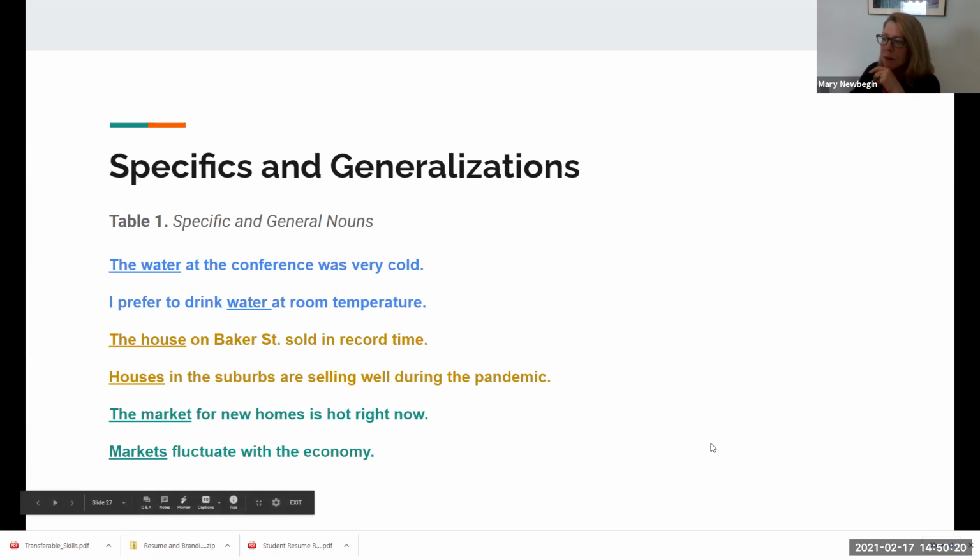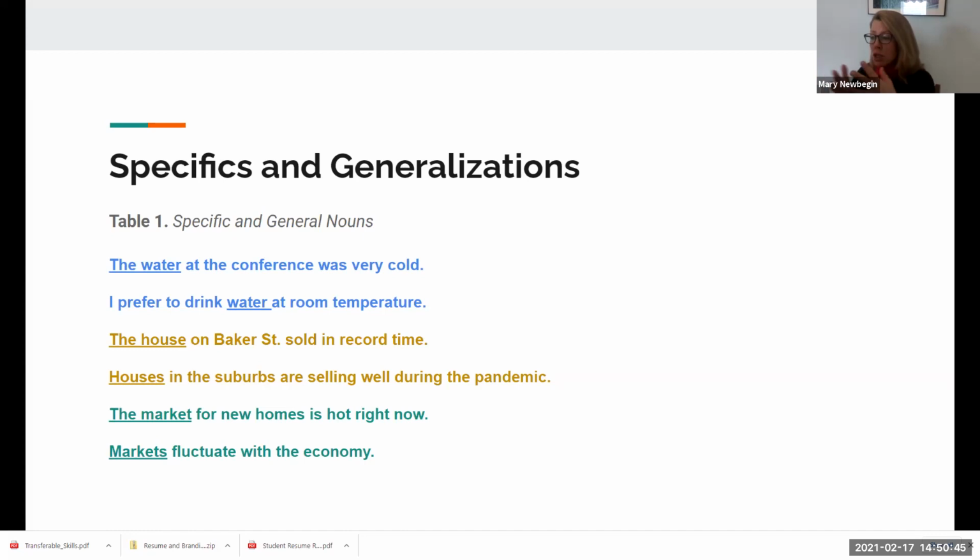All right, let's talk about specifics and generalizations. The water at the conference was very cold. I'm talking about the water in probably the water cooler at the back of the room at the conference. But I prefer to drink water in general at room temperature. The house on Baker Street sold in record time. I'm talking about that specific house.